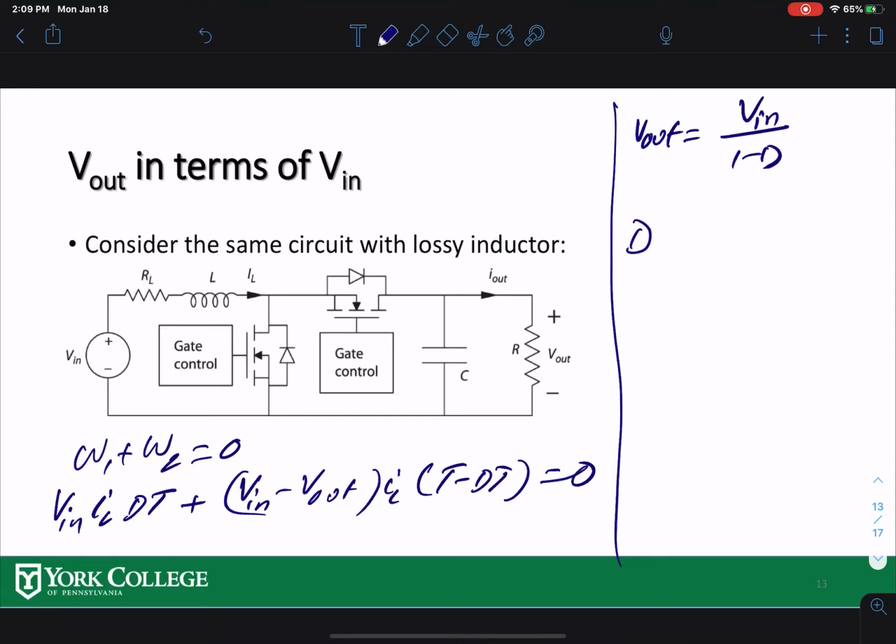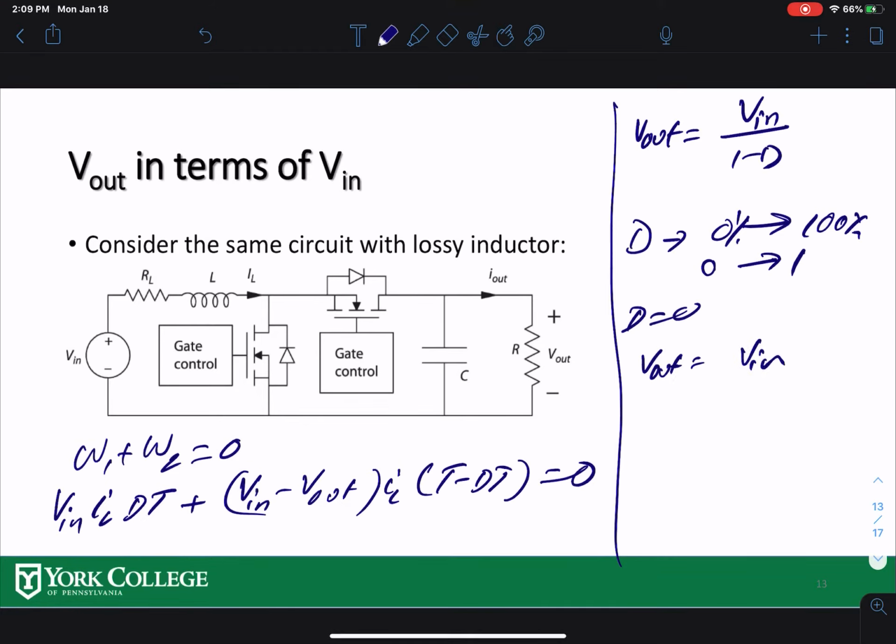D is the DT ratio. It can be limited from 0 to 100% or 0 to 1, whichever you use. If D equals 0, you will see that V out is V in. If D equals 0.5, which is 50%, you will see that V out would be 2 times V in.